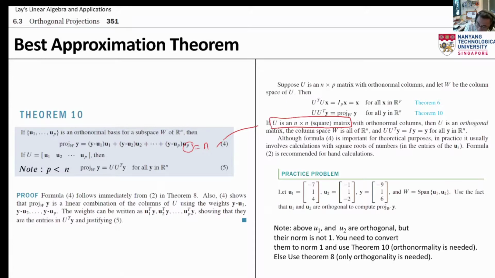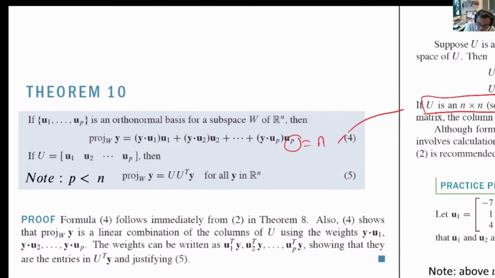And if it is orthonormal, then U transpose U will also still be equal to I, the identity matrix. And the result is that if W is full, then the projection of Y onto the subspace W is Y.